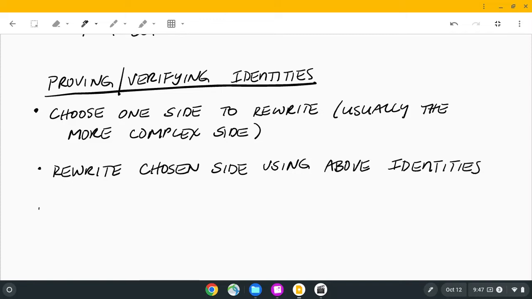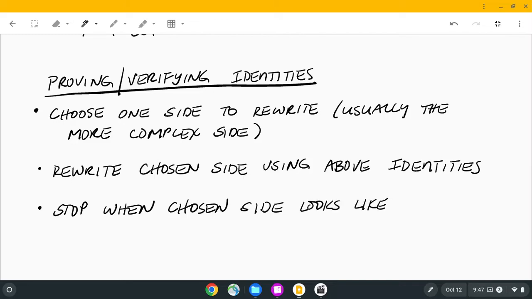And you stop when the chosen side looks like the other side. We're going to be doing a bunch of examples here, so let's go ahead and start with this first one.